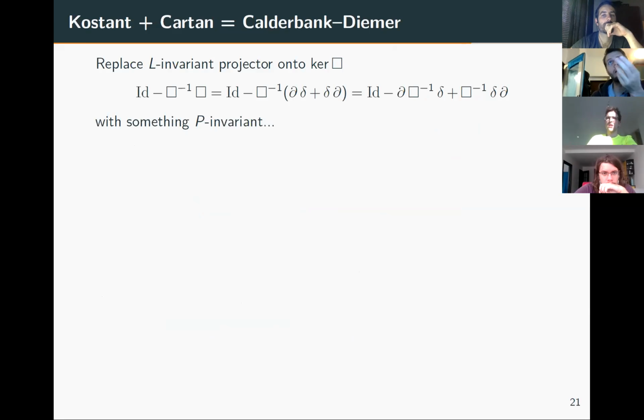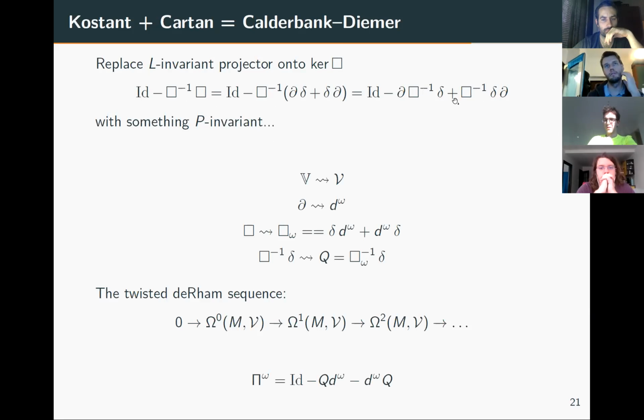So the solution is to pass from bundles to sections of bundles and to add some differential terms which will fix the invariance. So this is what we do. We just expand the definition of this algebraic Laplacian, and then it's easy to see that this Laplacian actually commutes with delta inverse. So you can rewrite it like this, and this is what you do. You just pass from a representation to a bundle.